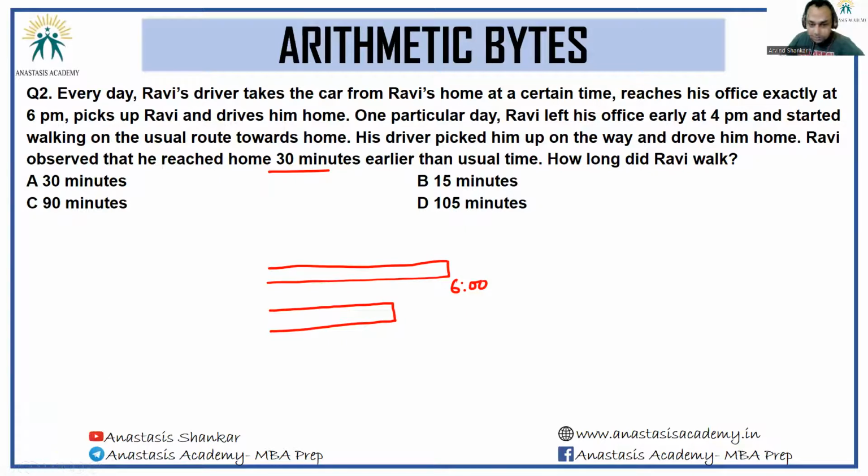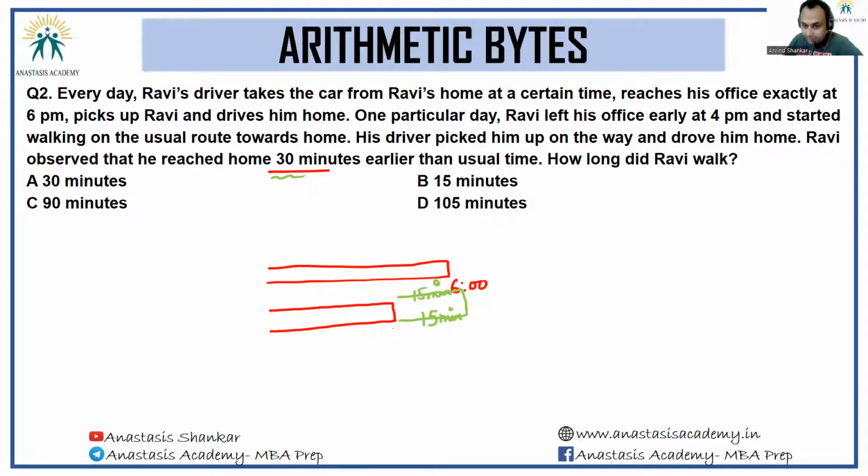The time saved for Ravi is the journey that would have been this way, this much journey to the office and back. Total time saved by him is 30 minutes. So can I say 15 minutes forwards and 15 minutes backwards were saved?